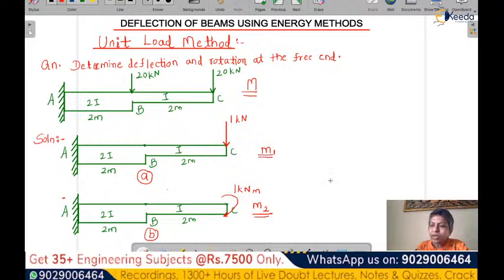Now let us form a table and write down all those values. In this table we are going to consider two portions of the beam, CB and BA.